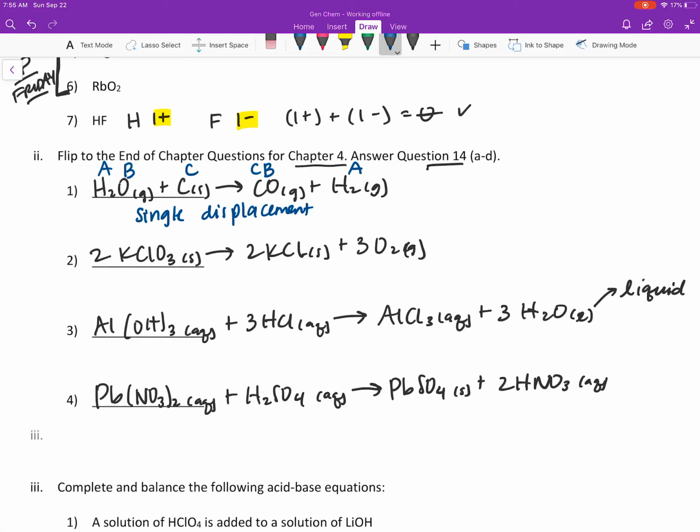And then A is by itself as a product, and C and B have now combined to form a new compound. So it's single displacement. Sometimes, especially in Sapling, you'll see this as single replacement, and it means the same thing. We're talking about one reactant coming in and displacing something in the other reactant to form two new products.